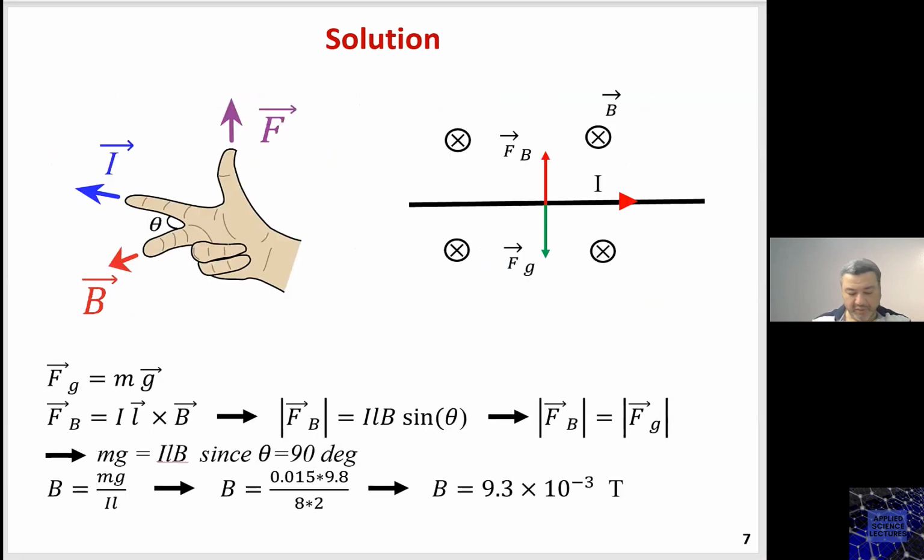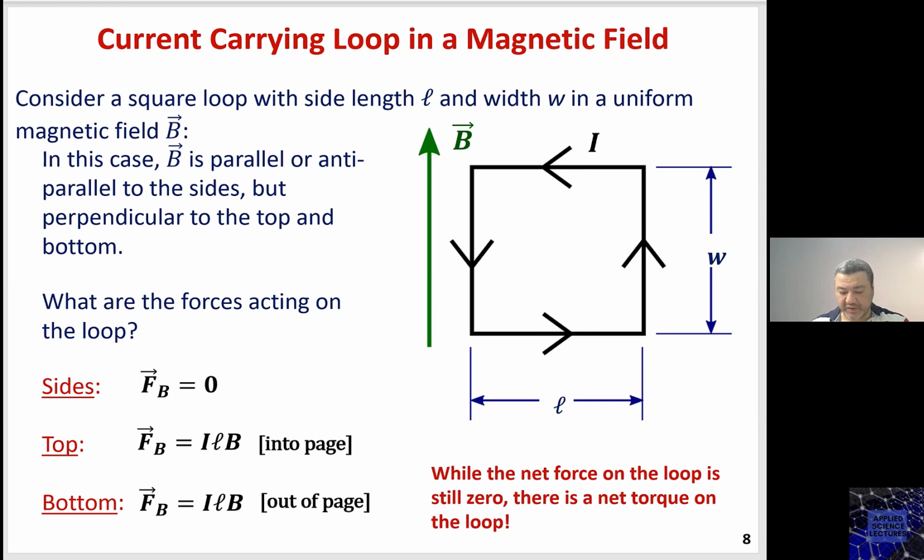Now let's move to this example here where we have a loop, and this loop has a current I, given in this direction, and the magnetic field is in the same plane of the loop.